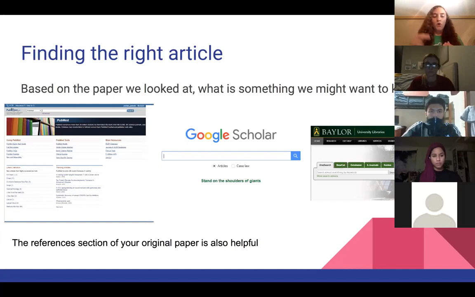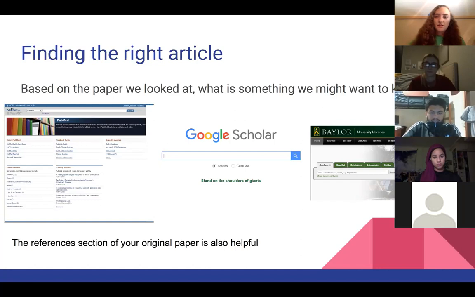It looks through the whole article instead of just the abstract, title, and keywords. It also pulls up journals that are more sketchy, so they're not as reputable as PubMed, but it's a broader scope.